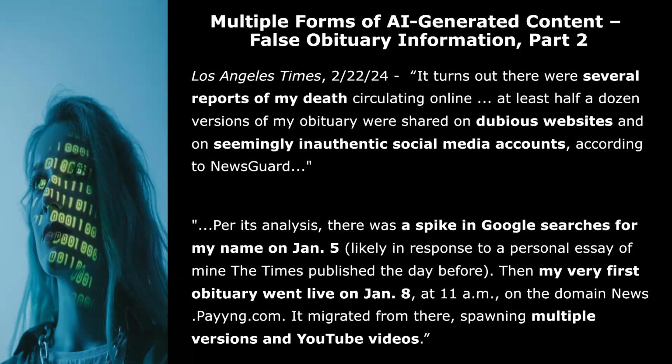Per its analysis, there was a spike in Google searches for my name on January 5th, likely in response to a personal essay of mine The Times published the day before. Then my very first obituary went live on January 8th at 11 a.m. on the domain news.paying.com. It migrated from there, spawning multiple versions and YouTube videos. End quote.